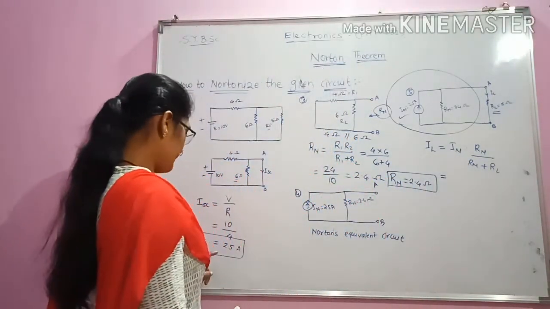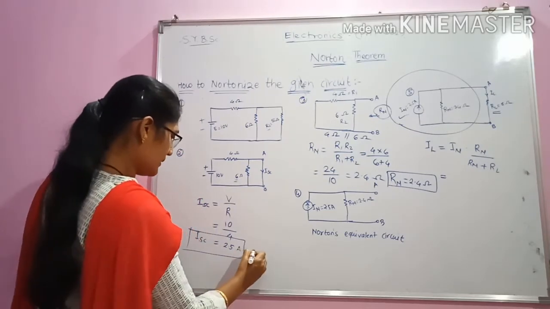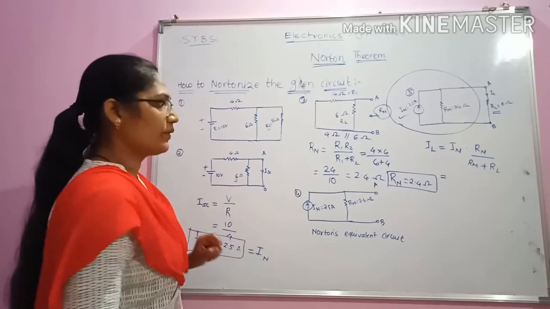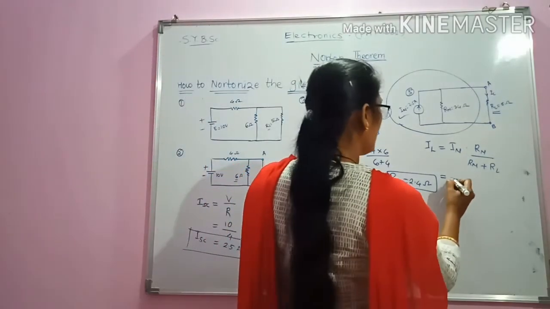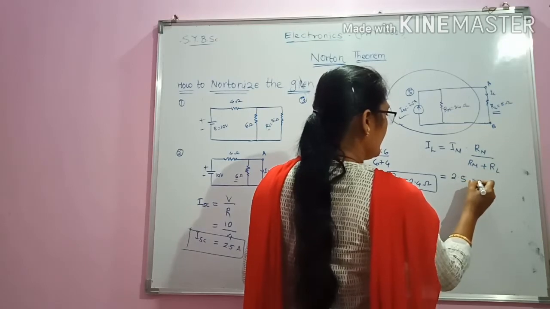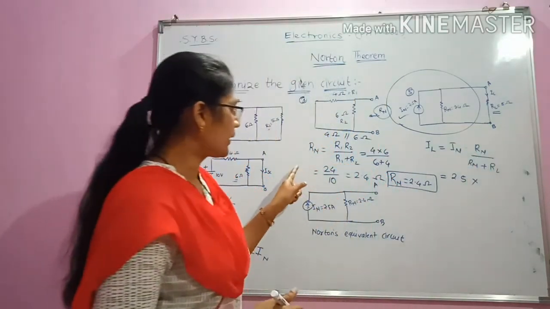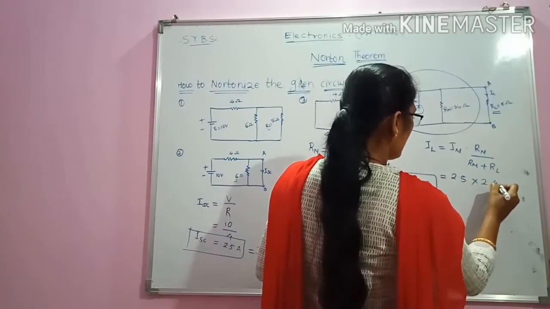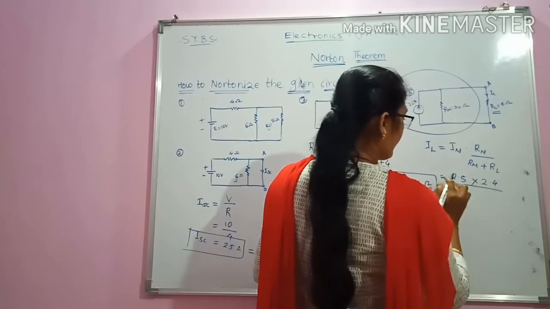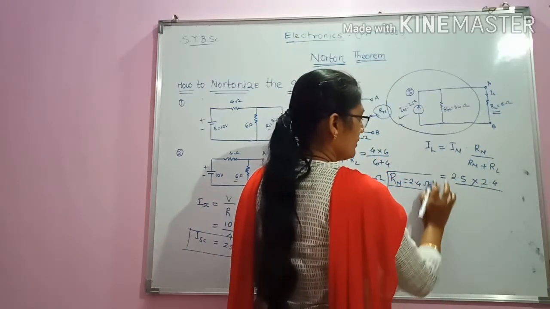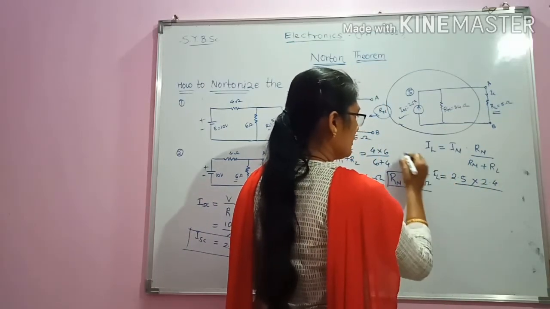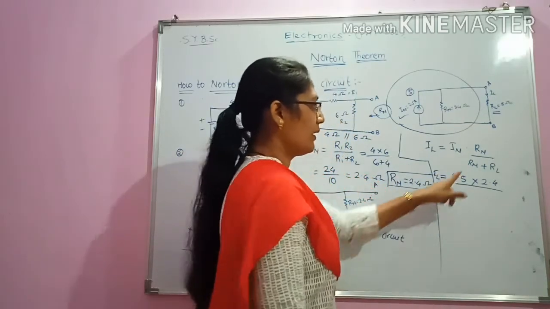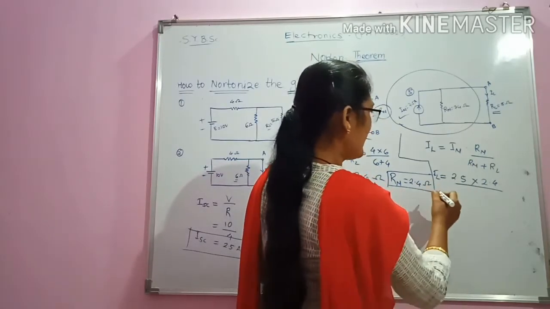IN value is nothing but this ISC, the Norton equivalent value. Its value is 2.5 into Rn. Just now we have calculated the value of Rn and its value is 2.4 ohm, divided by Rn plus RL.